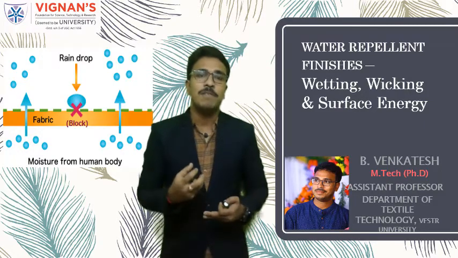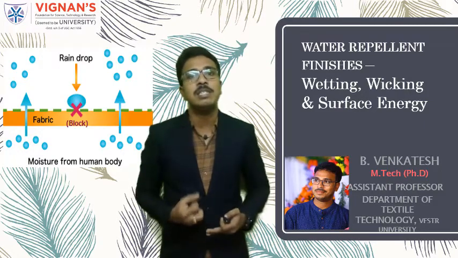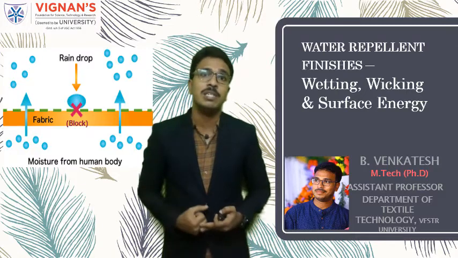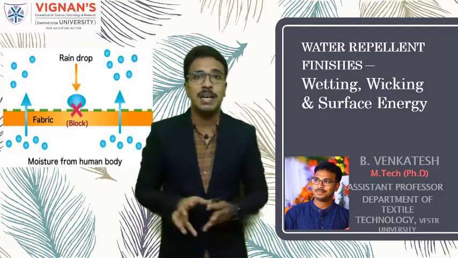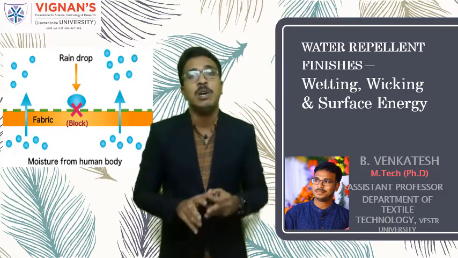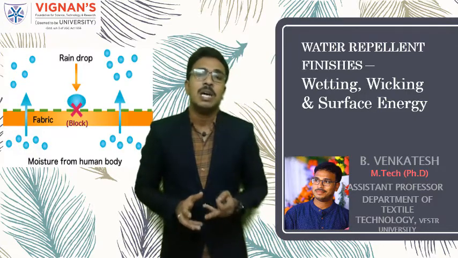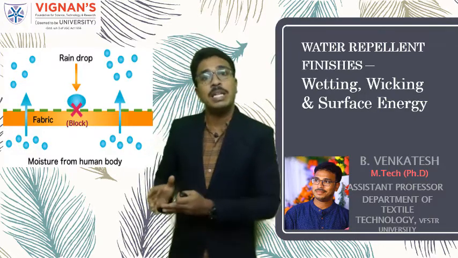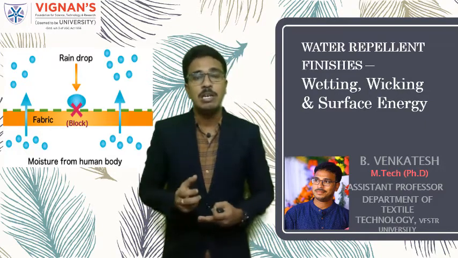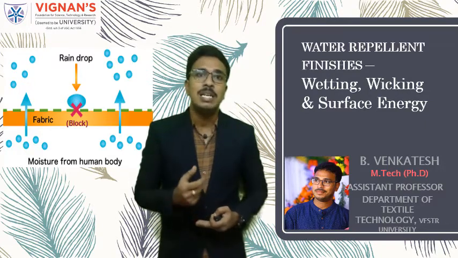So what are the different factors that influence this droplet absorption by the solid surface, what are the different terminologies related to water repellency, and finally how to get water repellency for a solid surface.